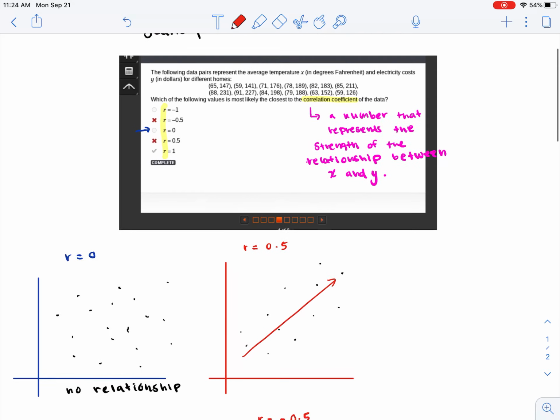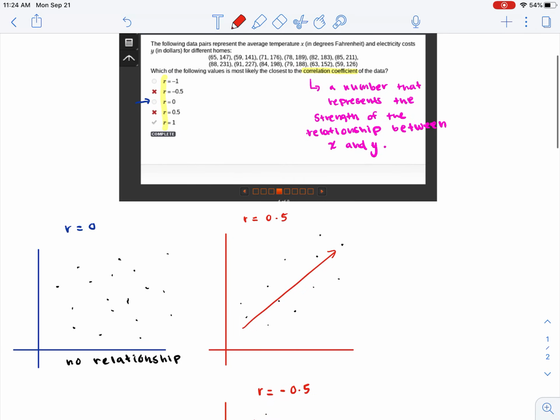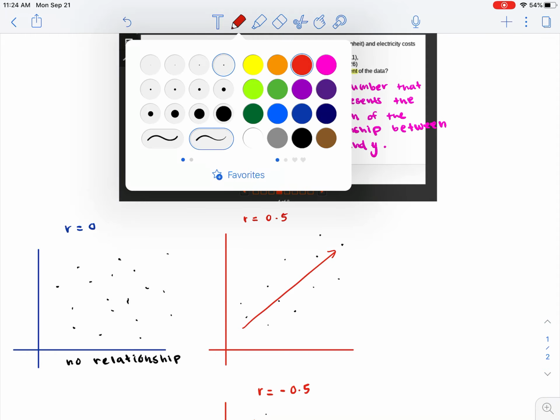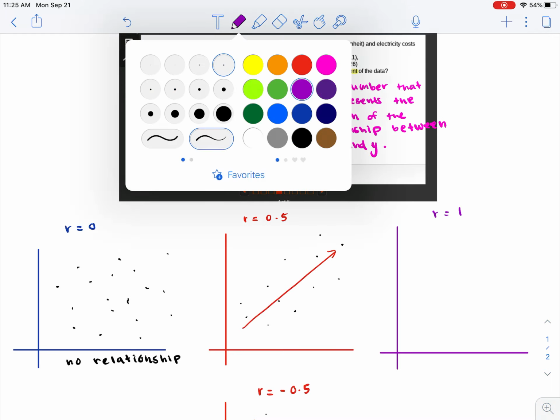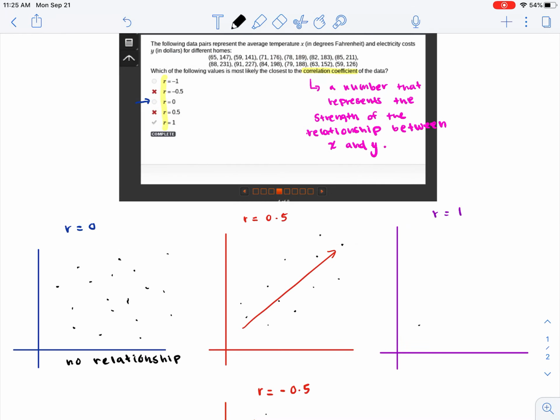And then the last two options are if the correlation coefficient is 1 or -1. If the correlation coefficient is 1, then our points would be really close to one another. If it was exactly 1, they would make exactly a line.